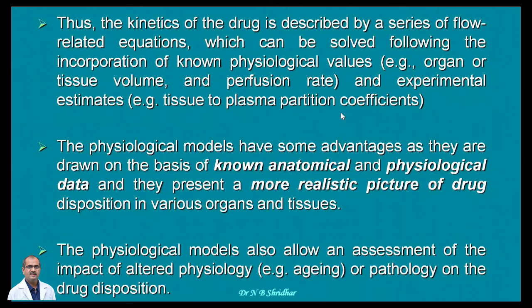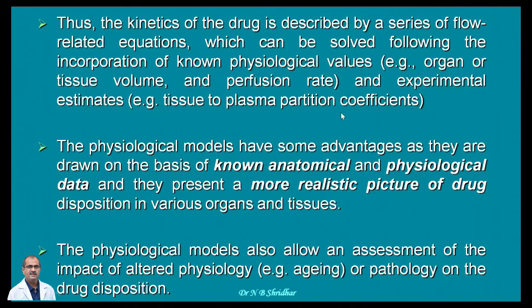So tissue to plasma concentration means whenever the concentration in the plasma is more, it is percolated to the tissues, and whenever the concentration of the drug is more in the tissues, it is going to be equilibrated with that of the plasma. That's known as the plasma partition coefficient.